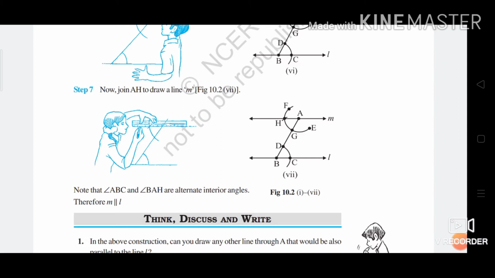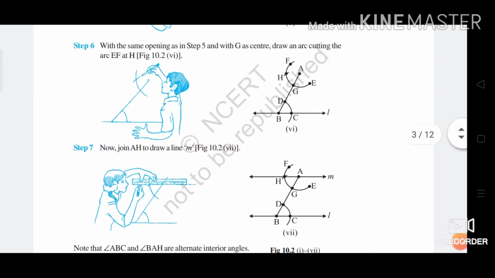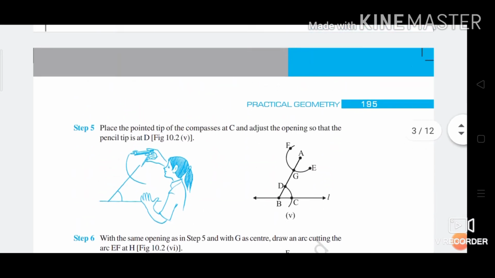The distance between the two lines L and M is equal at any point. Second, the alternate angles are equal, as you already learned. This way you can complete the construction of parallel lines.